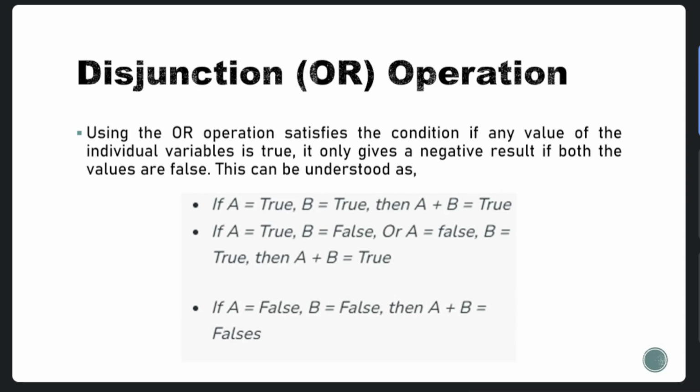And then when false, false, it is false. And then for the OR operation, when true, true, it is true. True, false is true. False, true is true. And then false, false is false.